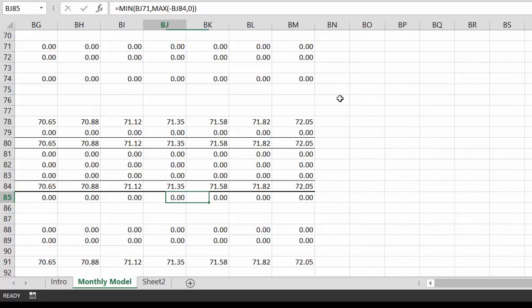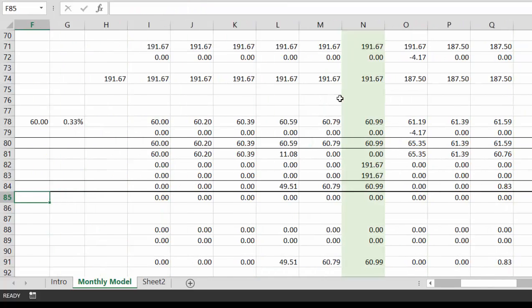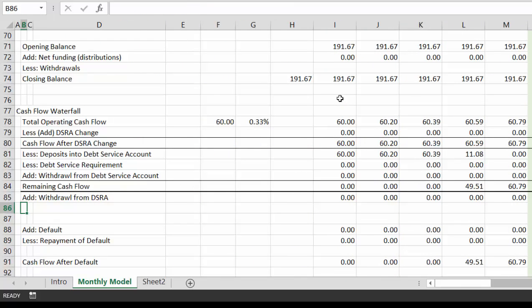I think that's pretty obvious. And then we can get another subtotal, which is cash flow after DSRA withdrawals. Now if we take that account, that's going to be a plus, just like it says.